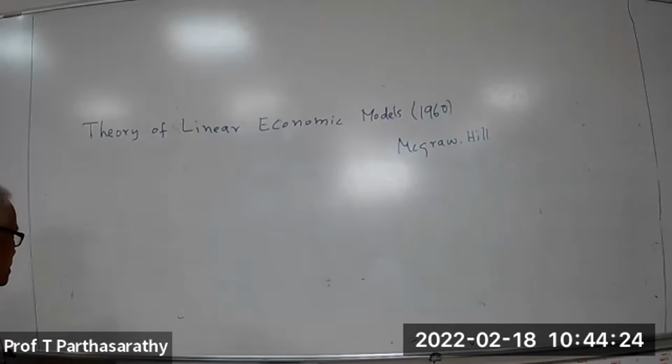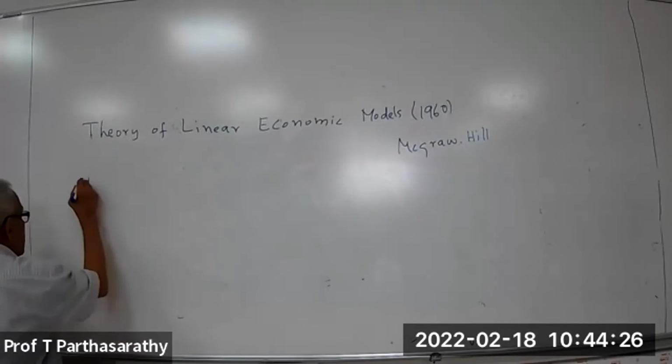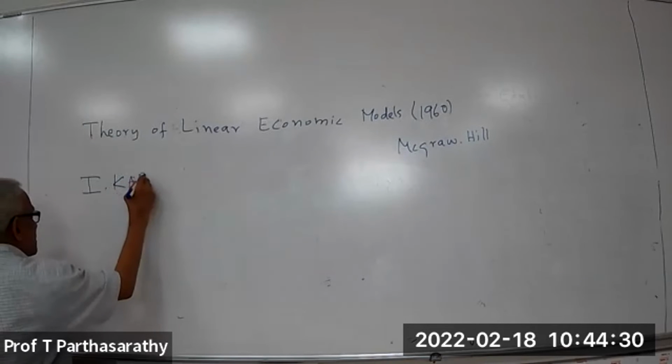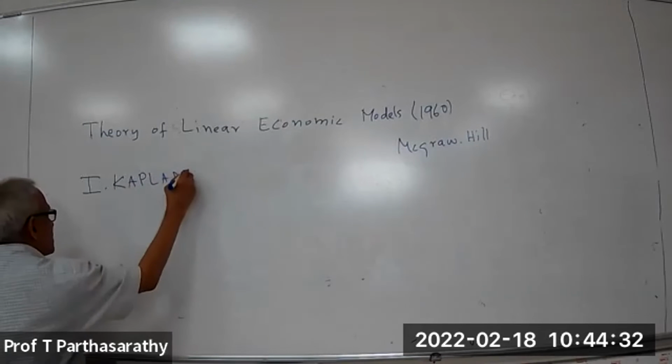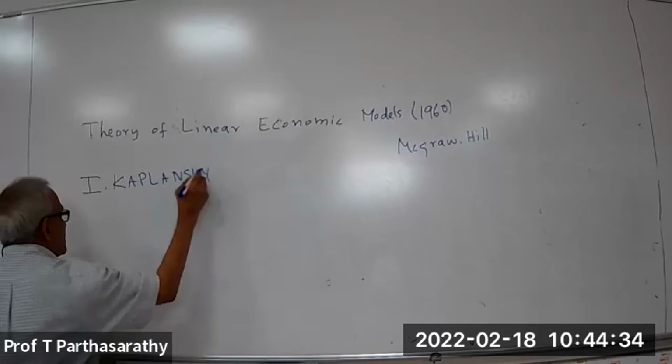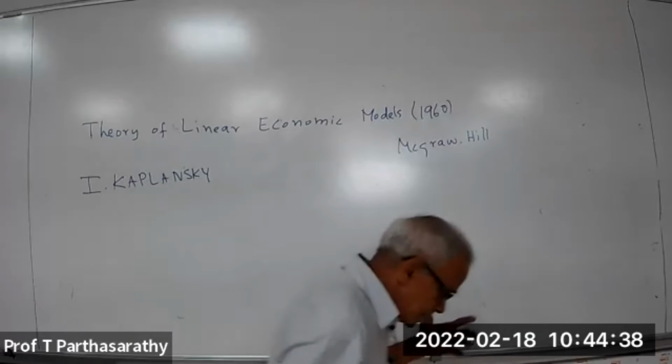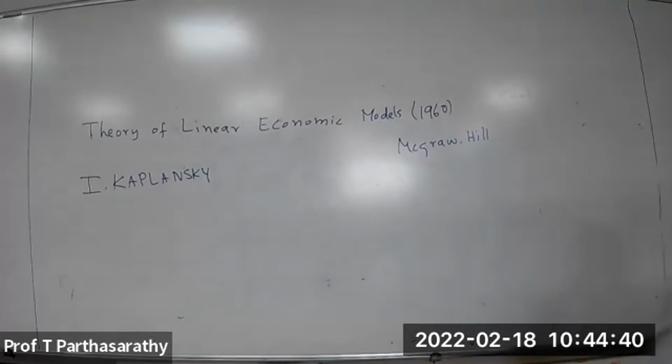Now, I was talking about Kaplansky, Irving Kaplansky, a very well-known mathematician at the University of Chicago, a pure mathematician, essentially algebra and group theory and things like that.